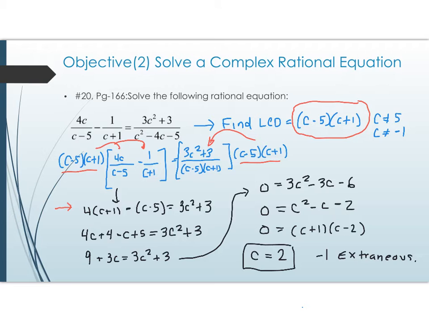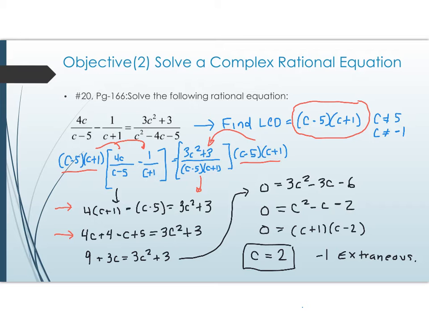And over on the other side of the equation, when we multiply that fraction, we get just the numerator, which is 3c squared plus 3. Now, of course, we use the distributive property, and we get 4c plus 4 minus c plus 5 is equal to 3c squared plus 3.